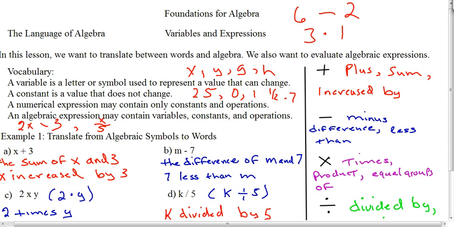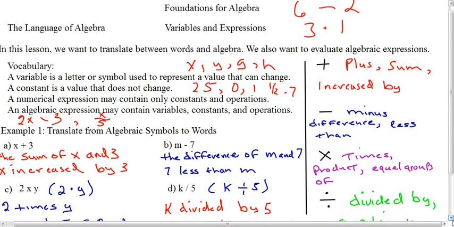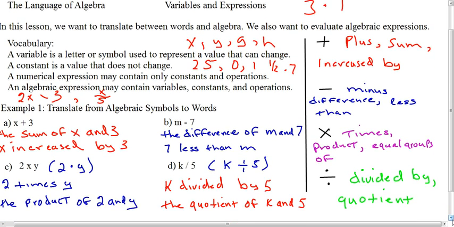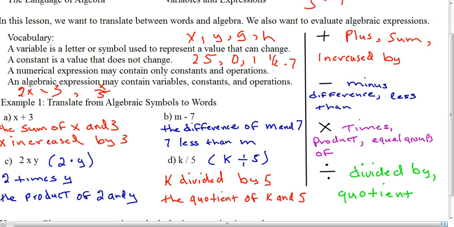The next one that we want to take a look at for words, and again, please understand that these are just minor. These words are not the whole words, or all the words you'll look for. These are some words that will let you know what operation you're going to be using. Let's take a look at multiplication.